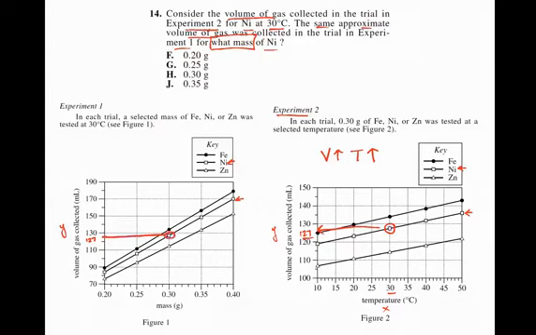That gets me 127 milliliters of gas. And that was recorded at a mass of 0.3 grams. And therefore my correct answer is choice H. So you can see here I had to relate 2 figures, figure 1 and 2. I had to find information in this first one and then relate it back to this figure as well.